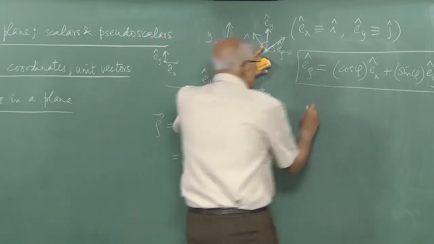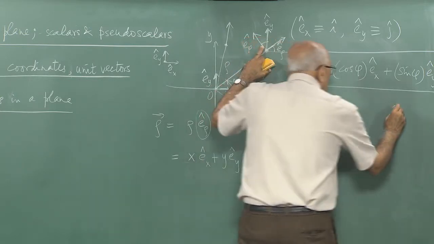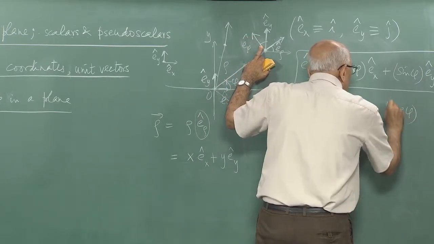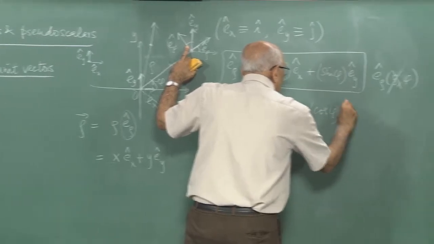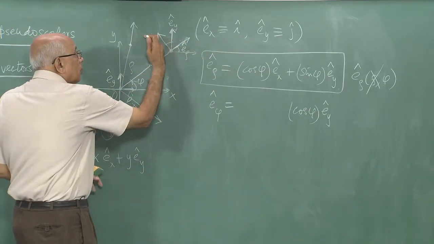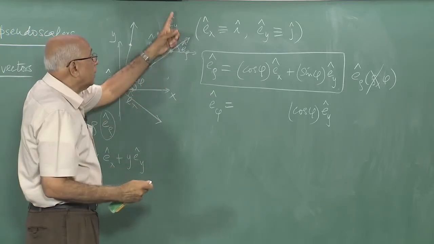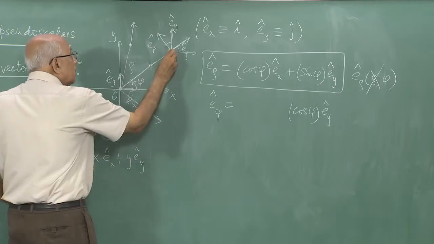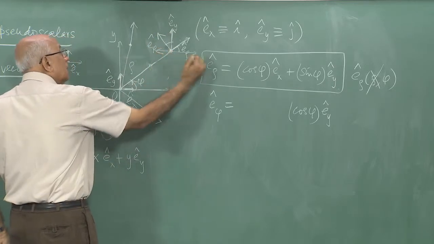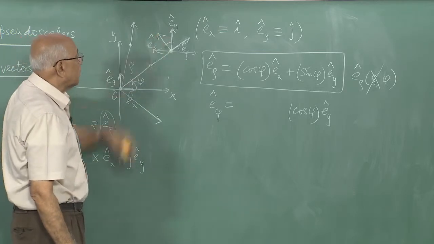So it is clear that E phi is equal to cos phi times Ey, because this angle is phi and the projection of this on that direction has a cosine and it is along Ey. But the projection along the x direction is in the negative Ex direction, and it is this height which is sin phi.